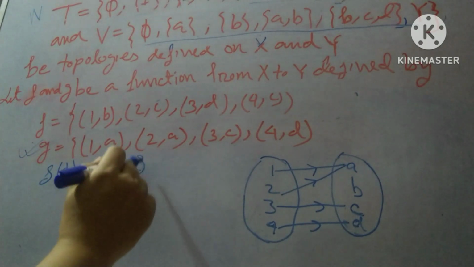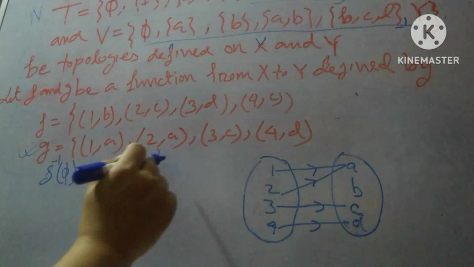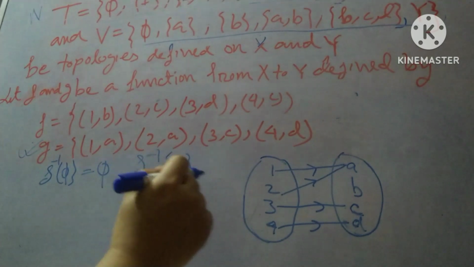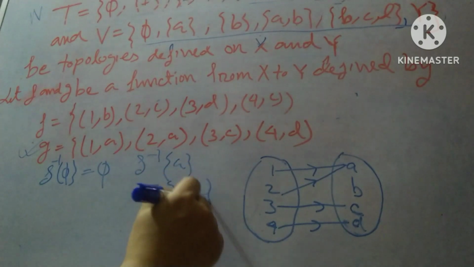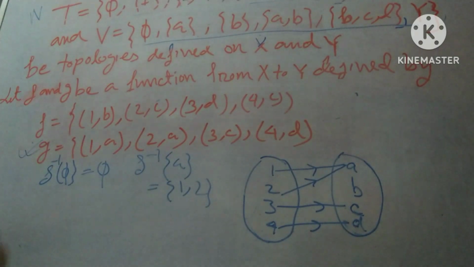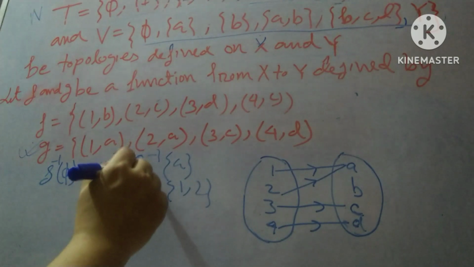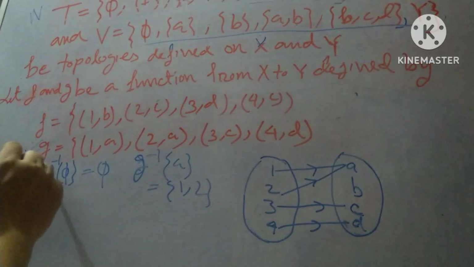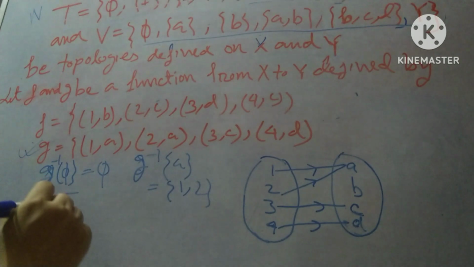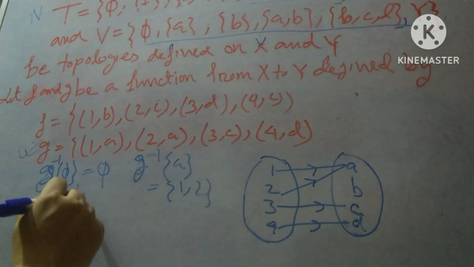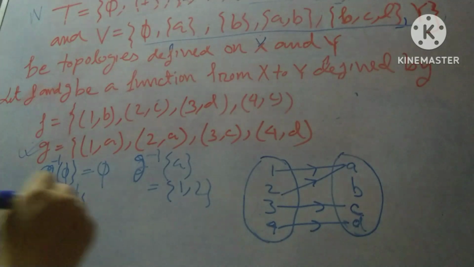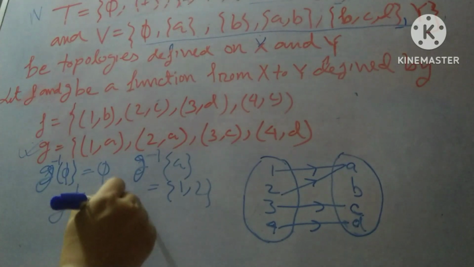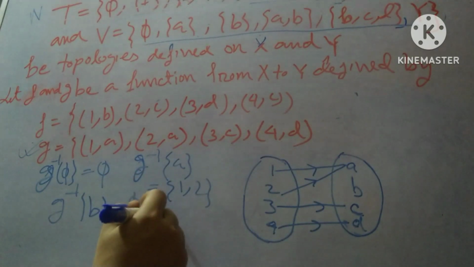Now G inverse of {A} equals {1, 2}. G inverse of {B}, no image, so it is phi.